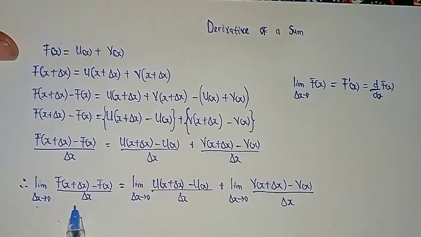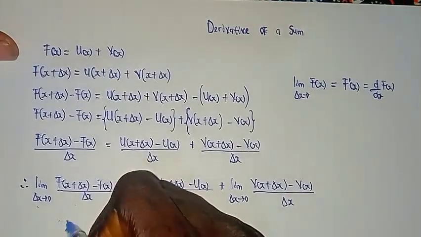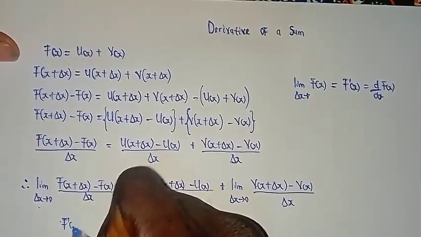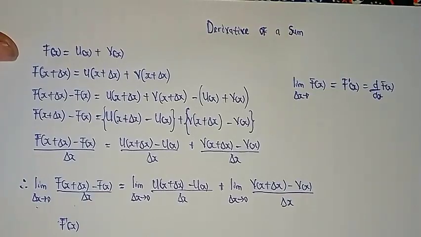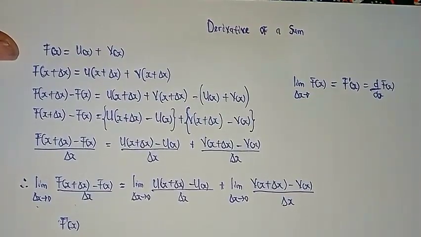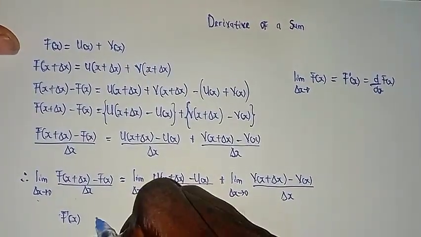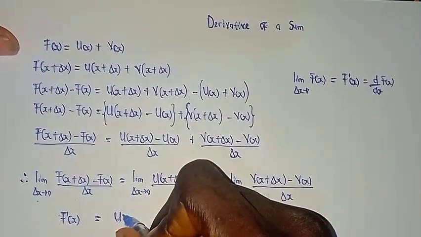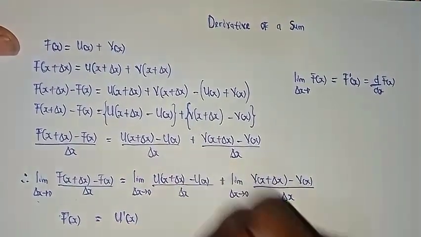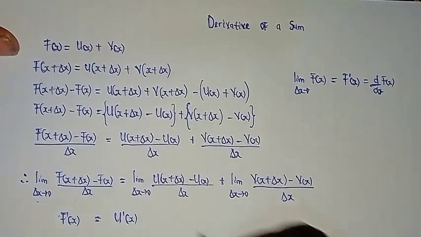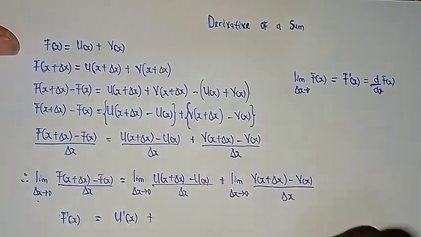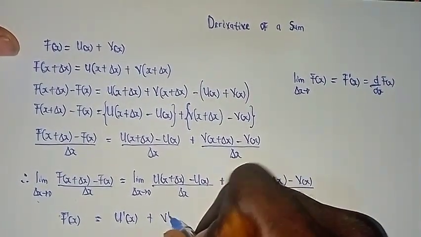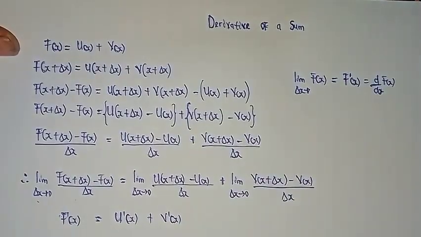So we can write this as f prime of x. And then on our right hand side as well, we can write u prime of x for u, and then plus v prime of x.